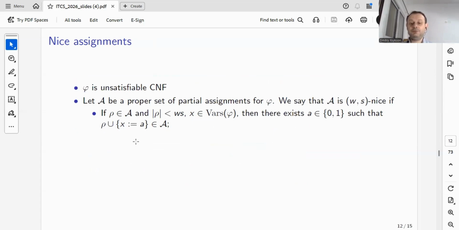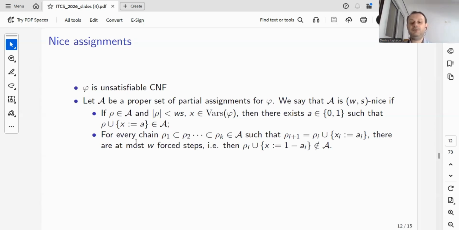First, if rho from A has size less than WS, then for every variable x, we can prolong rho to the variable x such that the resulting assignment is also in A. Second, for every chain of assignments from A, where each following assignment extends the previous by one variable, the number of cases when the extension is forced does not exceed W. By forced extension, I mean that the assignment cannot be prolonged with the opposite value of the variable.